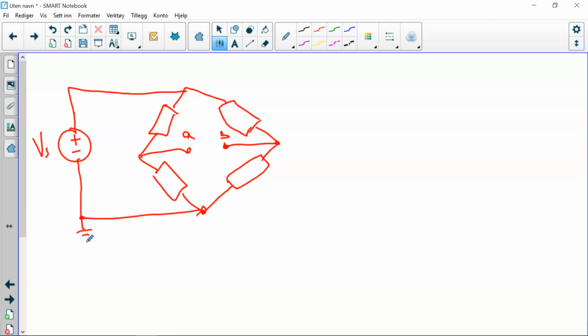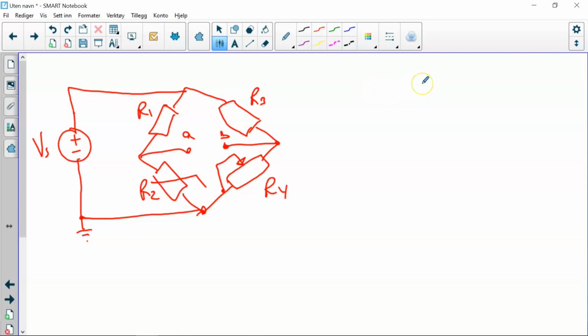That's the reference. Name them R1, R2, R3 and R4. Now for a balanced bridge, what we do is that we have one sensor and then we have one variable resistor, a potentiometer, like that.